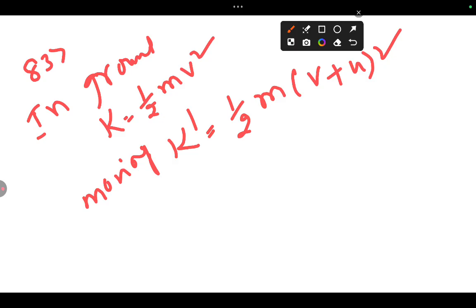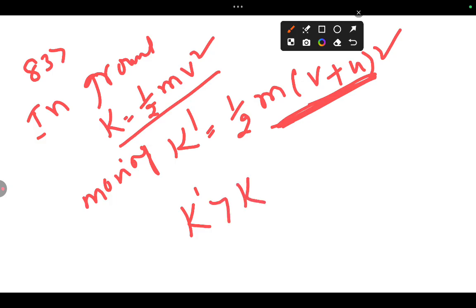When you compare these two, this has more advantage, so K dash is greater than K for the IIT. This is our simple strategy. I don't want to go into extra concepts, just giving a little concept.